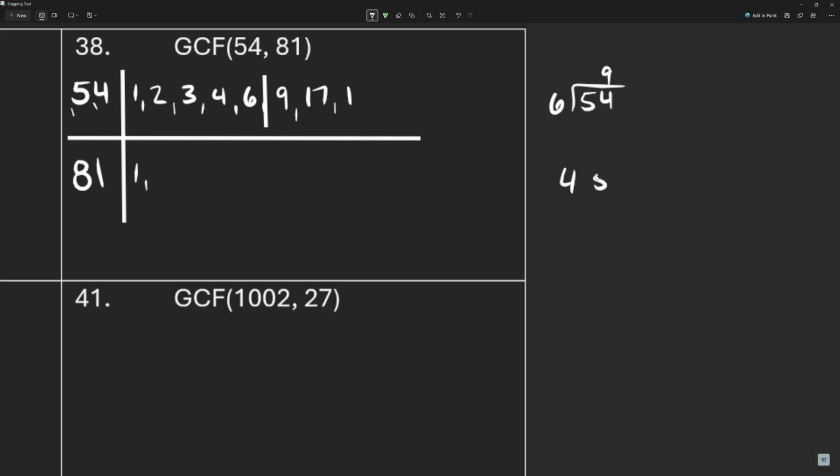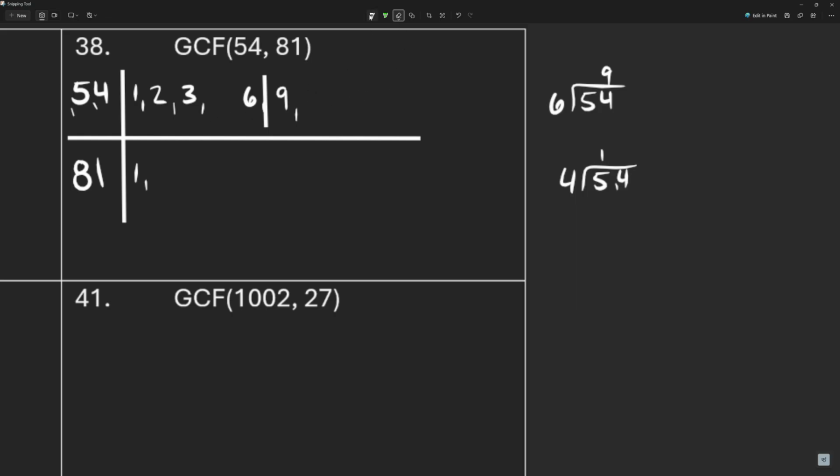Let me double check. It doesn't? Oh, maybe I'm wrong. 4 goes into 54 once. Carry the 1. 14. 4 doesn't go into 14 evenly. Huh. I guess not. Sorry, my mistake.